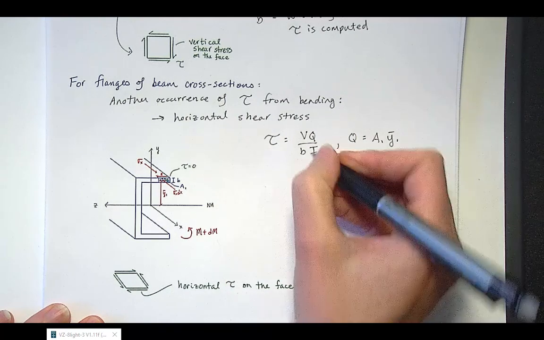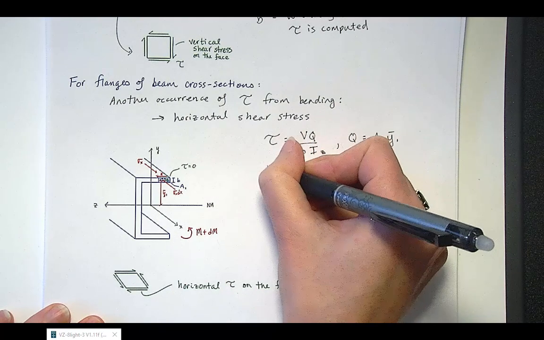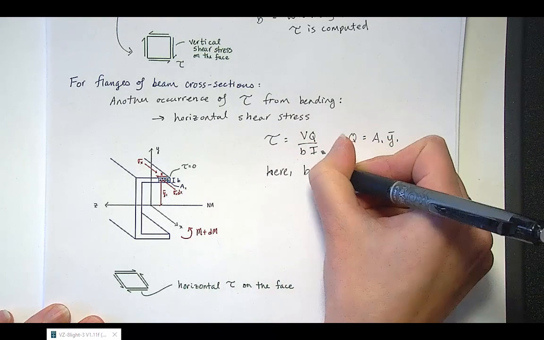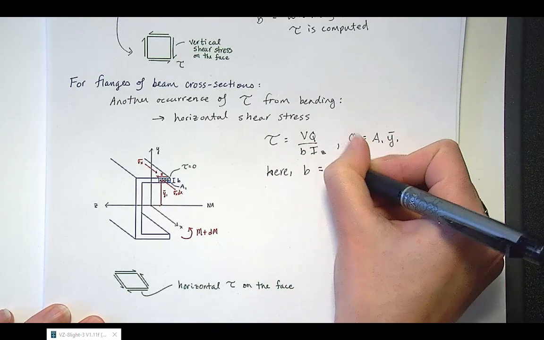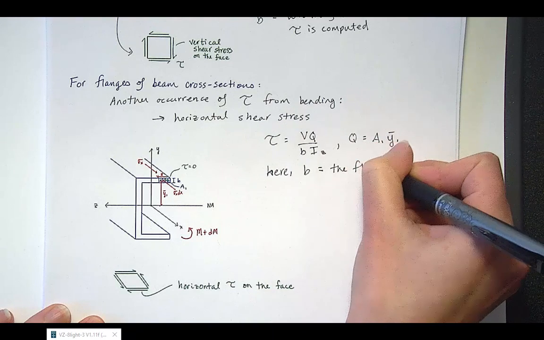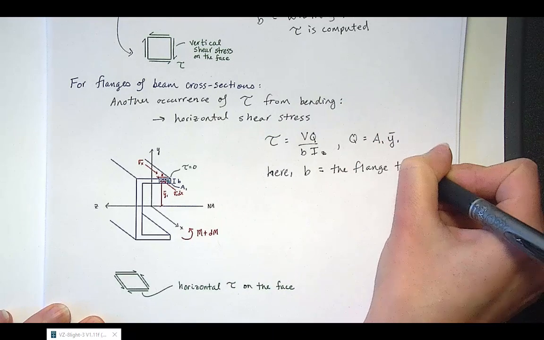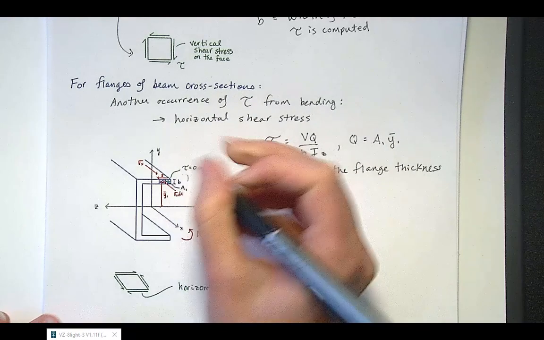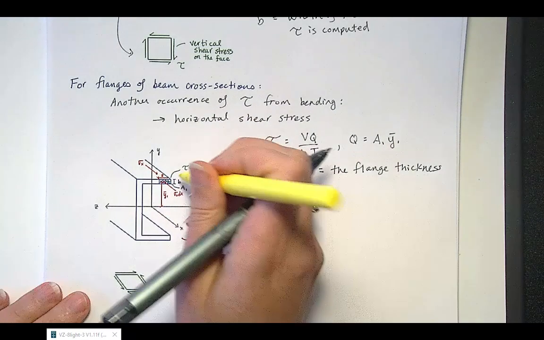So same Q, same shear stress, but here B is equal to the flange thickness. So that's noted on the diagram here.